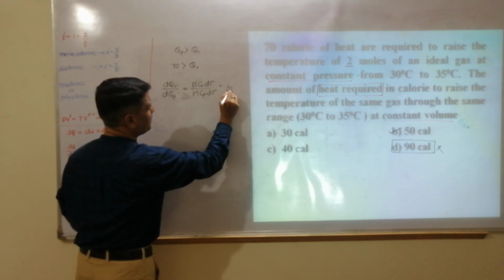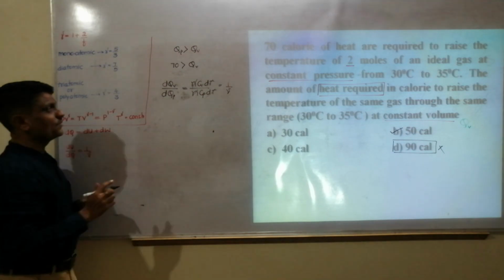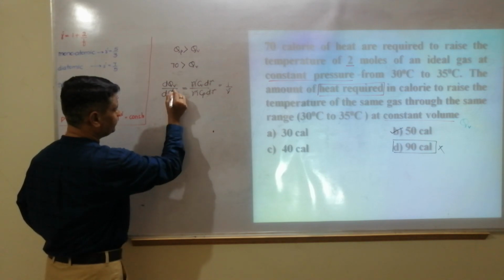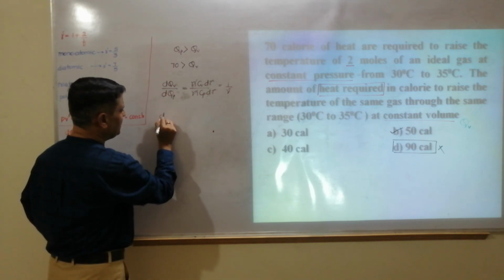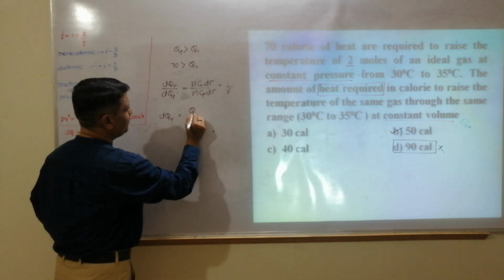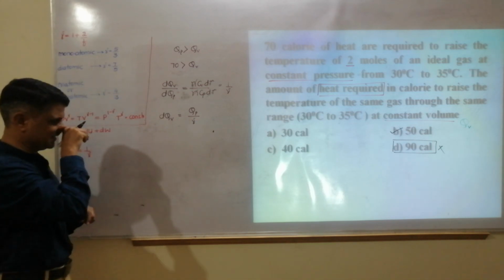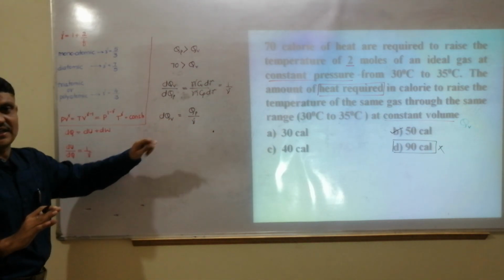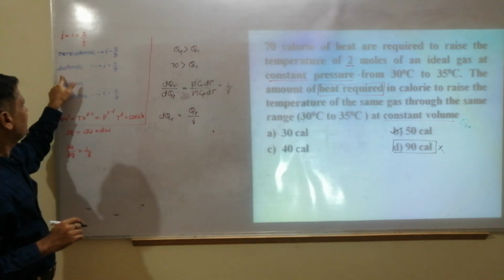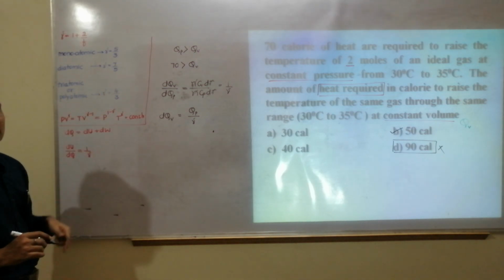Cv by Cp is nothing but gamma. Already I have written here. It means what I want to say here is, today I want dQ at constant volume, that is equal to QP divided by gamma.